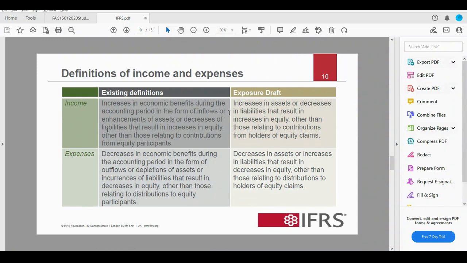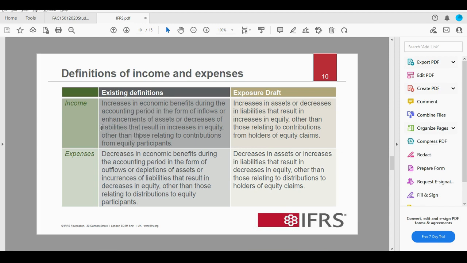Or decreases in liabilities. And then again, how will a decrease in liabilities affect your income? That results in an increase in equity. Sometimes you have people that you owe money. Let's say as you are selling a desk, you find that some of these desks are broken, a couple of them, and it's high value. So now, obviously, you'll take those back to the supplier and that will decrease whatever you owe those people.